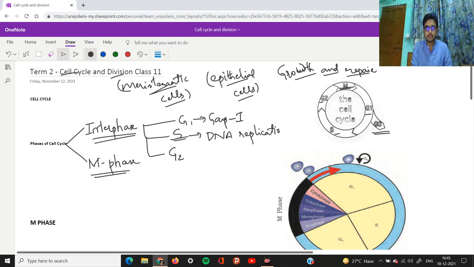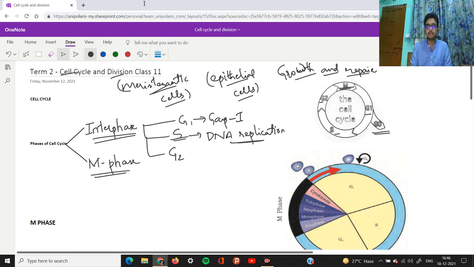In DNA replication, the amount of DNA gets doubled, because in M phase one cell divides into two cells. When one cell divides into two cells, it has to distribute DNA content equally to each of the daughter cells, so it has to have double the content of DNA so that it can distribute it to the daughter cells.